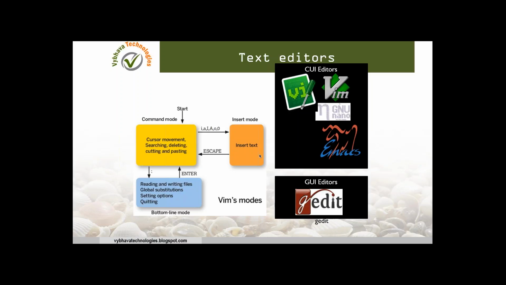Yeah, we have different options for inserting text. We use i to insert, small a to append at the end of that line, or shift A, capital A, we can come at the end of the line. These basic things I know. Okay. Good.